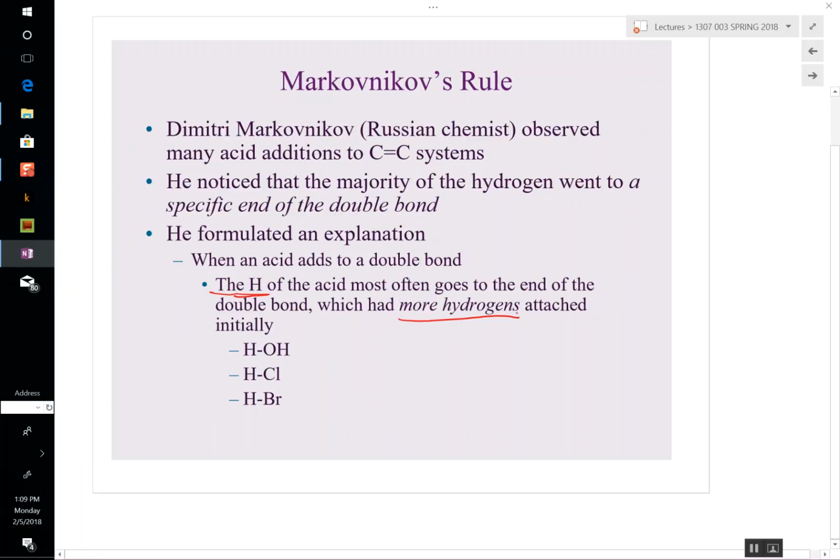And the OH, or the other part of this molecule, whether it's the OH, the chlorine, the bromine, the fluorine, the iodine, goes to the other carbon in the double bond. So this helps you predict the major product. Hydrogen goes to the end of the double bond that has more hydrogen.